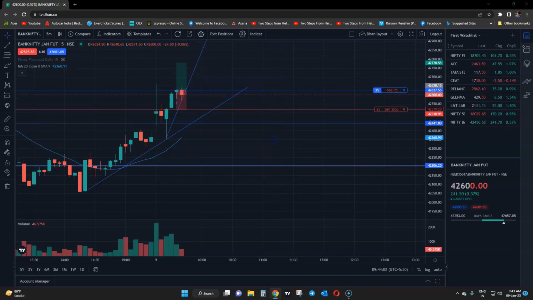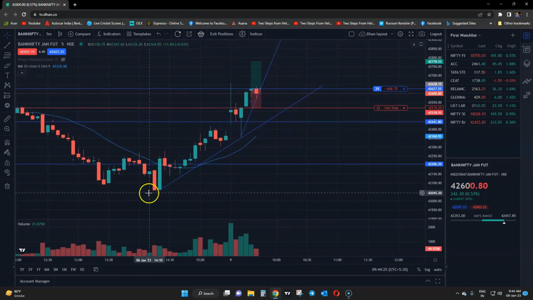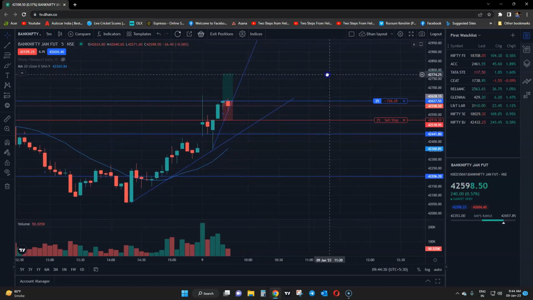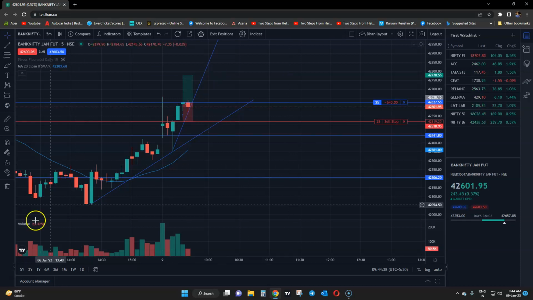In terms of counting the legs, right now I'm pretty clueless about it. Which leg we're at. This would be the end of the down leg. This is the up leg. Right. It's hard to say from here.